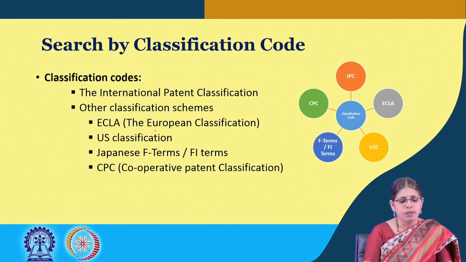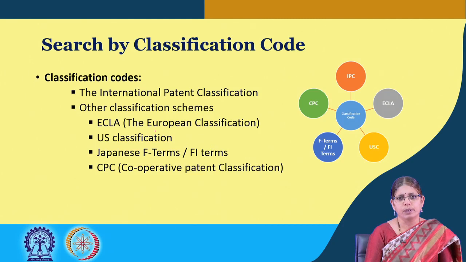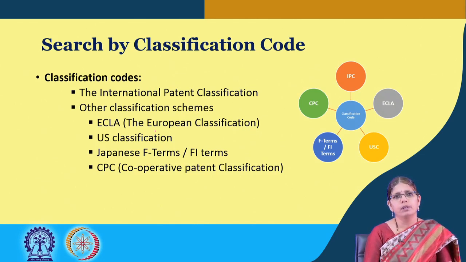Now, classification codes are well known from the point of view of the use by the International Patent Classification System, which is a more uniform system used worldwide. There are other regional classification schemes that are also applicable, which we discussed a bit earlier in the other lectures. One is the European classification, which is the ECLA.